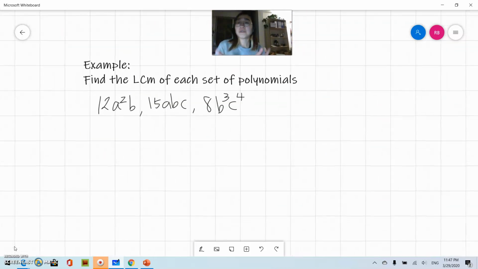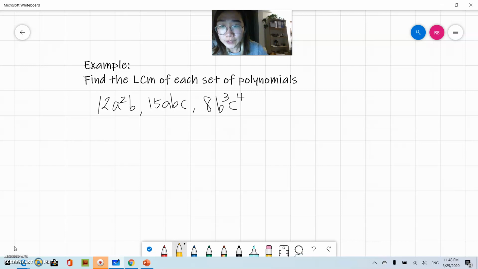So then, how can we find the LCM of 3 things? It's the same as what we did with 2 things. It's just going to take a little longer because we need to look at 3 different things. For this one, since a, b, c are simple, we can just look at it. We know how many a's, b's, and c's there are. But for the number part, we do need to write a little factor tree to figure out the prime numbers.